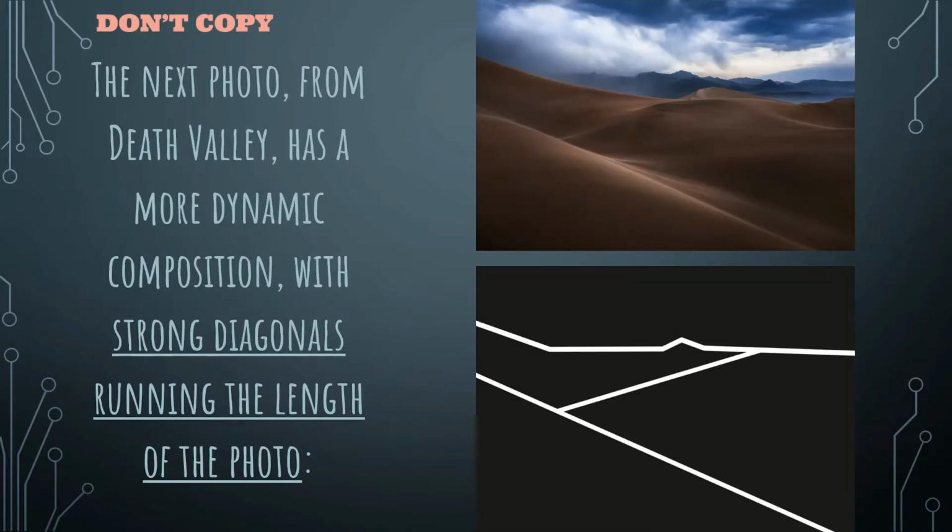The next one. This photo is from Death Valley and has a more dramatic composition with strong diagonals running the length of the photo, so your eyes move in a diagonal way when you're looking at this picture.